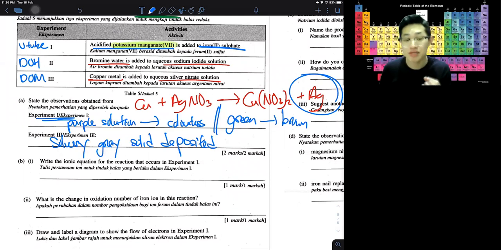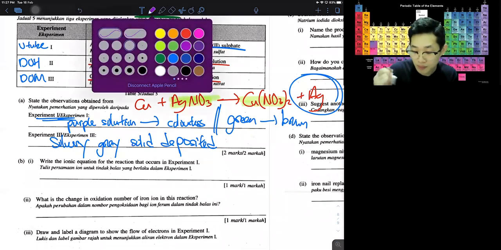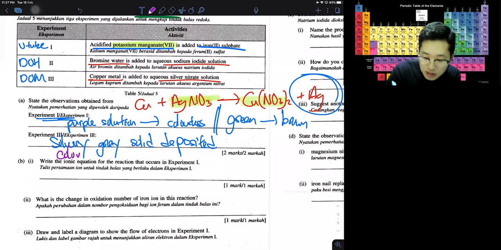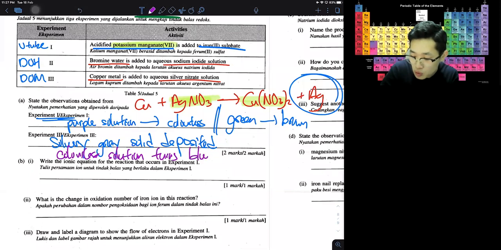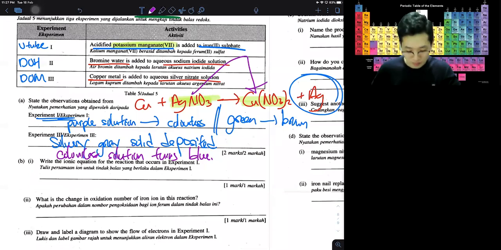Silvery gray solid deposited, that means Ag is produced. Or, yes, very good, Azim. You can tell me the color change of the solution. AgNO3 is a colorless solution. So colorless solution turns blue. Also can. Colorless to blue.